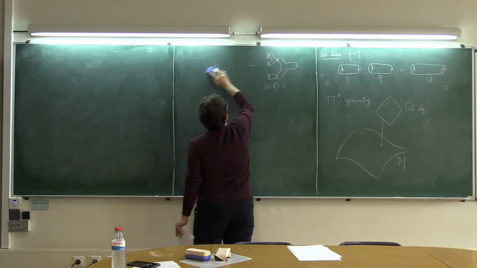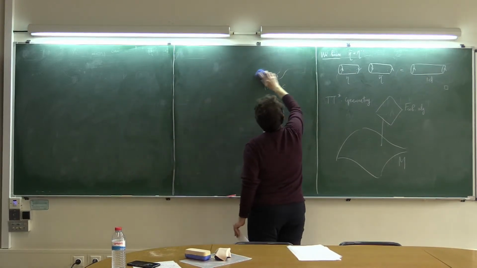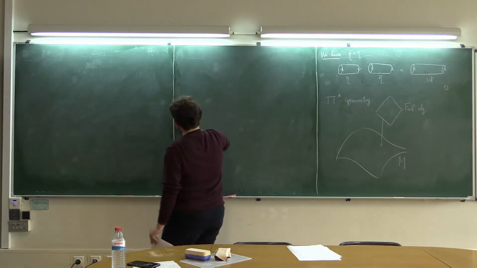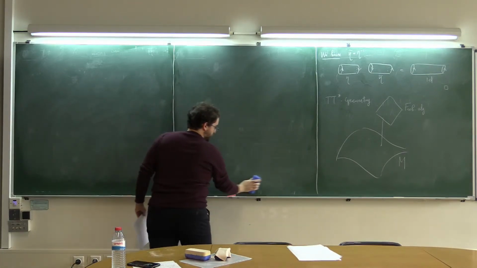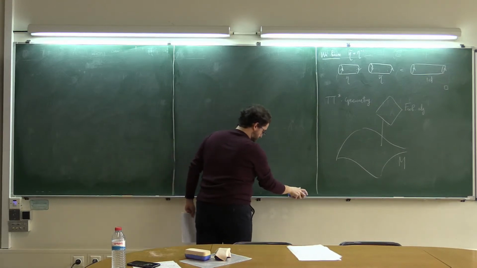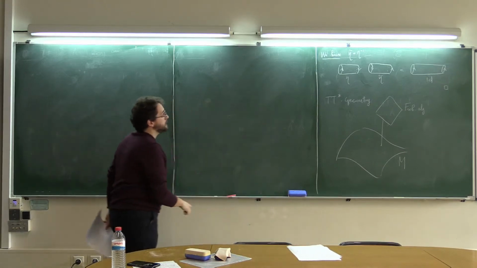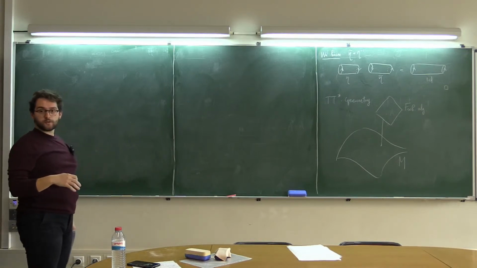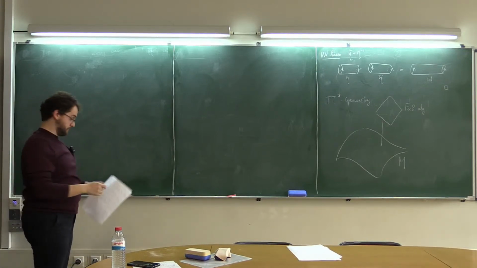Frobenius manifolds are objects which can be introduced in many categories: in the smooth category, the real analytic category, the complex analytic category, or the formal category. Today, I will mainly focus on the complex analytic category.